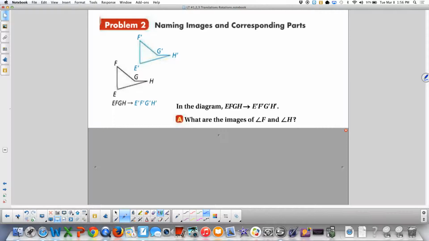Naming the images and the corresponding parts. So you can see here, we should be able to identify which one is the image and which is the pre-image by the primes. And because this has an F prime, I know that this is my image and this is my pre-image where I started.